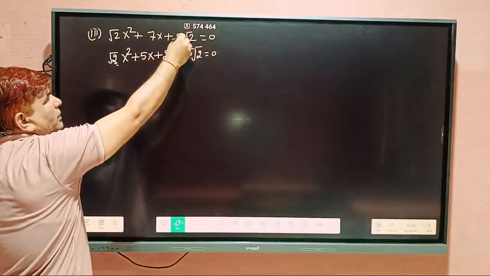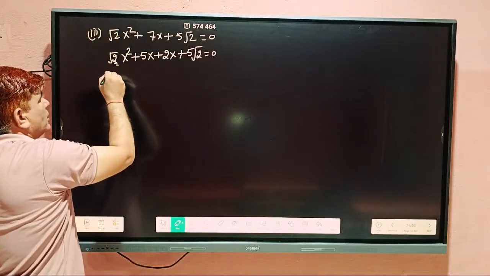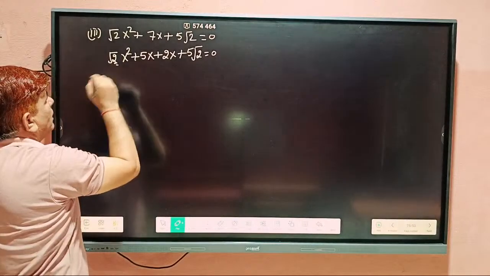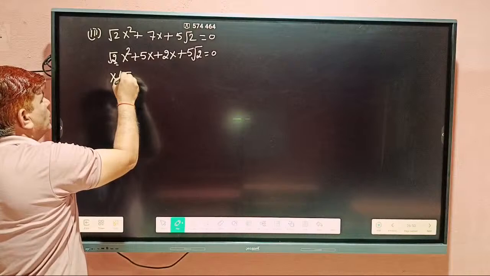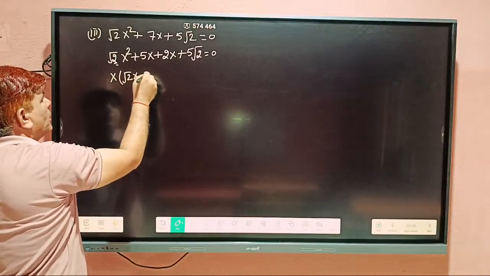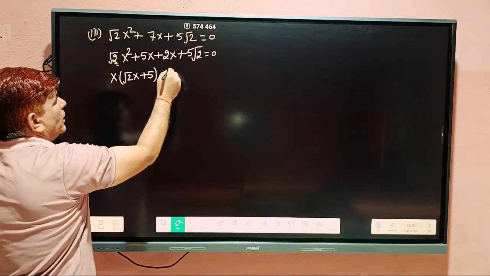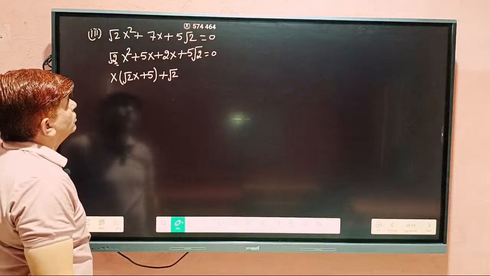What's their product? 5 and 2, 5 twos are 10x square. It means we are right. What's common here? Nothing is common. So what can you write? x is common here, so x into root 2 x plus 5. And what's common here? Plus root 2.